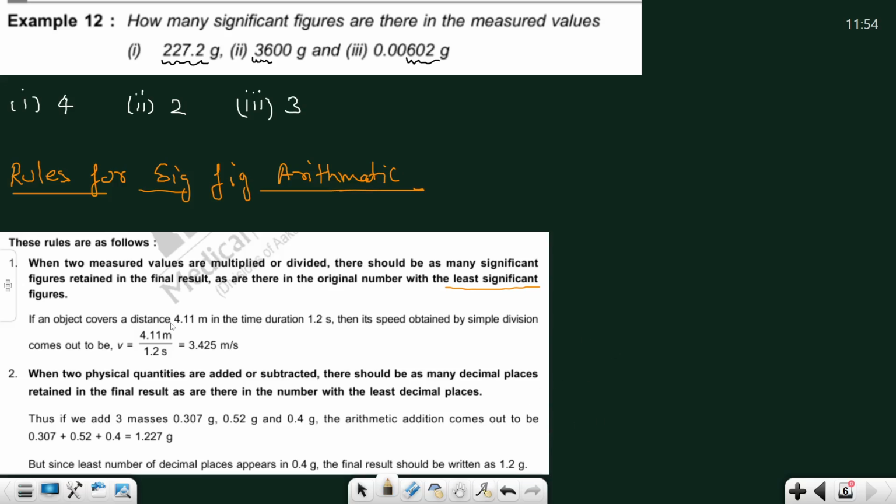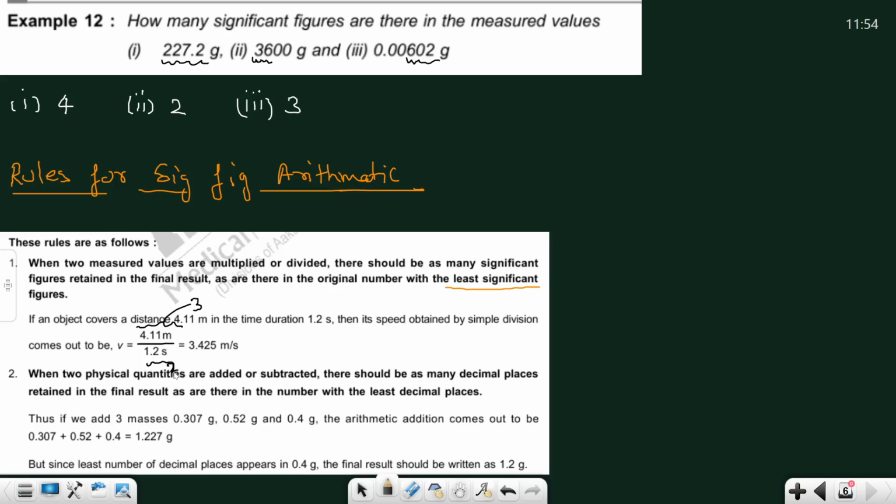Example: if we are dividing 4.11 by 1.2, which number has the least significant figures? 1.2 has 2 significant figures and 4.11 has 3.